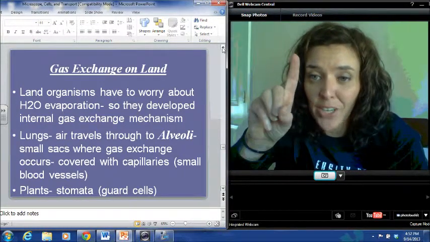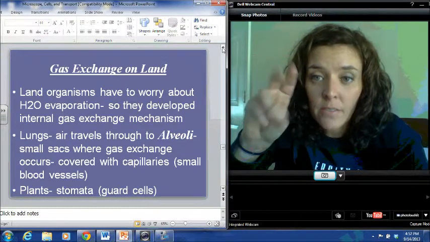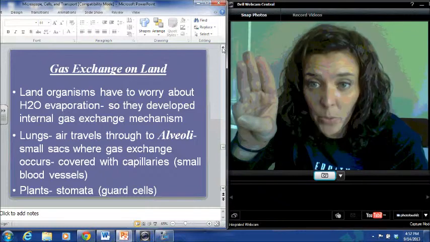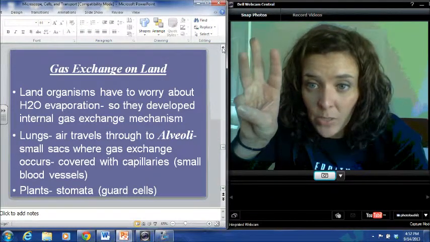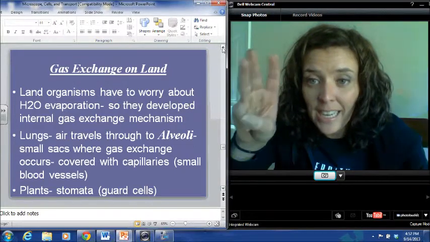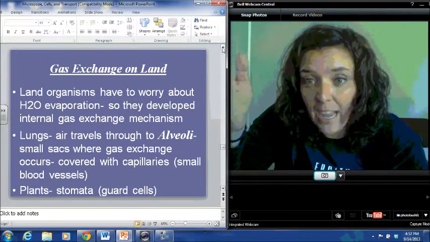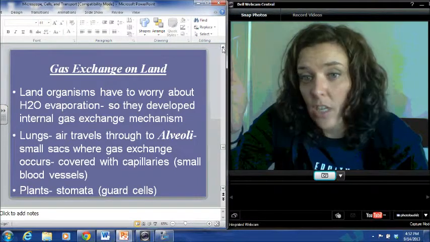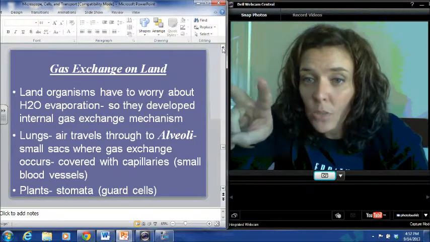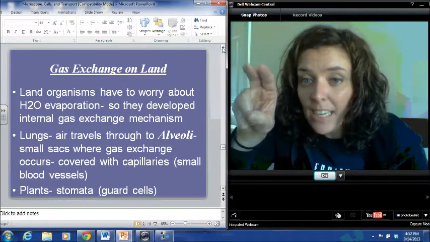Of the passive, there are three types. You have simple diffusion, facilitated diffusion, and osmosis. Of osmosis, there are three types: hypotonic, hypertonic, and isotonic. For active transport, there's just one type. It's just active transport, which means it needs energy. Bulk transport, there are two types: endocytosis and exocytosis.